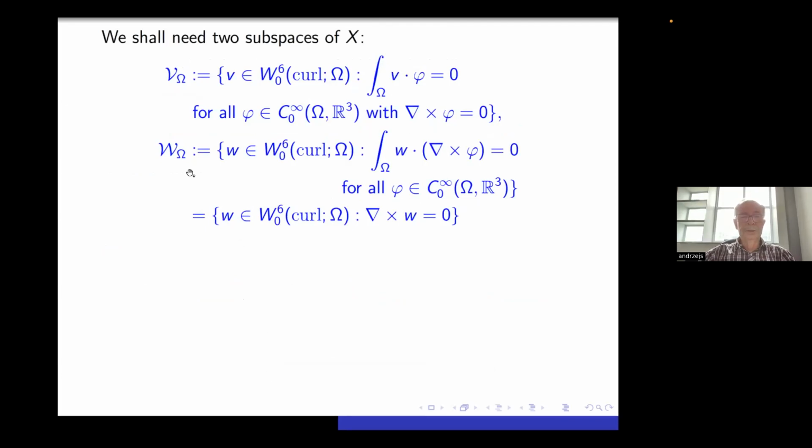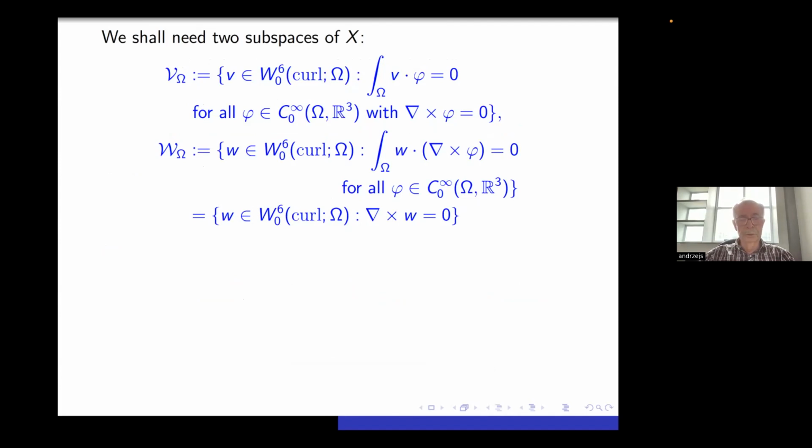Now we will need two subspaces. One is V omega. Well, the definition looks quite complicated, but I will explain it in a moment. And also W omega, well, this is simply functions in W_0^6 whose curl is 0.